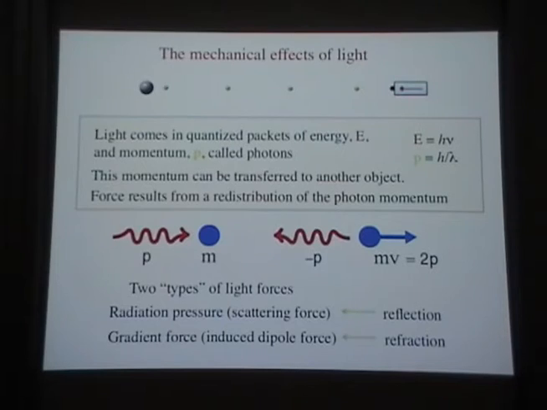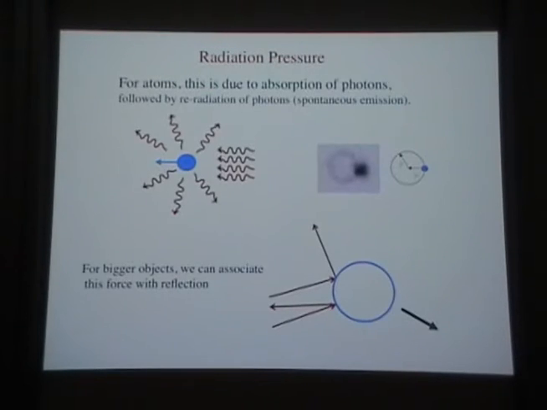There are basically 2 types of light forces that people use in neutral atom work. One called the radiation pressure or scattering force, and the other one's called the gradient force or the induced dipole force. So radiation pressure for atoms is due to the absorption of a photon followed by radiation of the photon by spontaneous emission. So imagine I have a light beam coming from the right here. So here's my light beam incident on the atom.